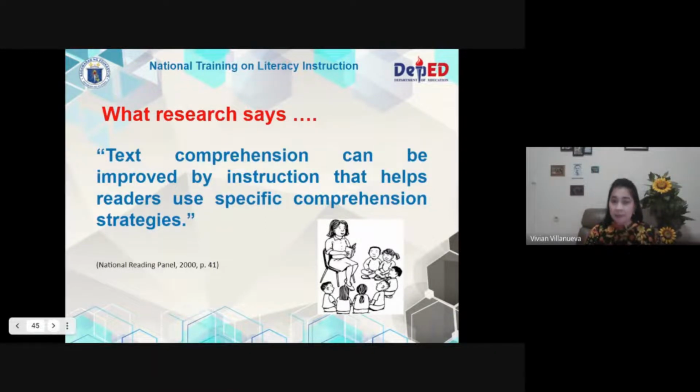But I'm not telling you to only teach story map, only use graphic organizers, or only use before, during, and after reading strategies. No, you also have to introduce those strategies to the kids so that they will know, and also reflect: oh, this strategy is easy for me, I will use this. You know, metacognition, you've heard metacognition, right?